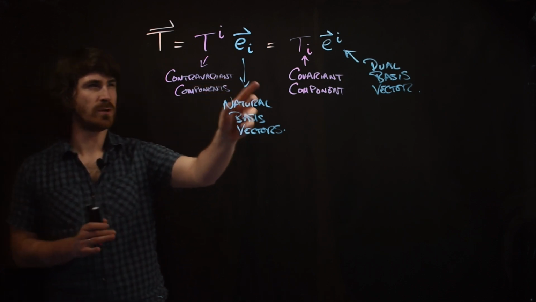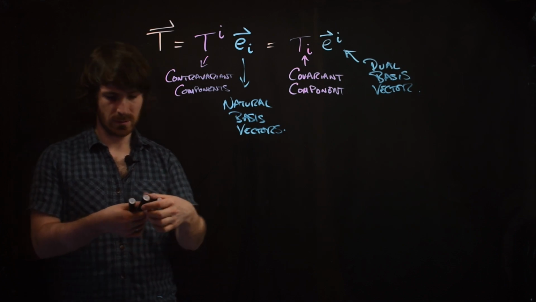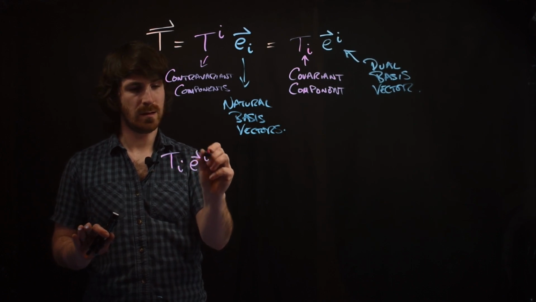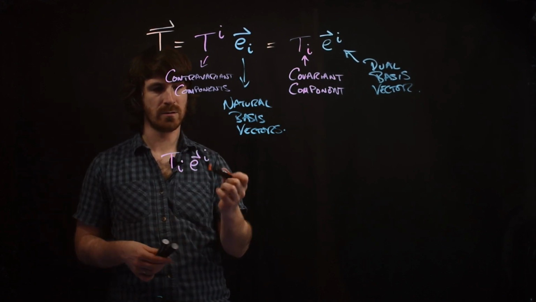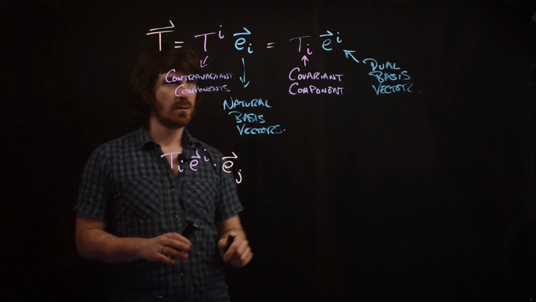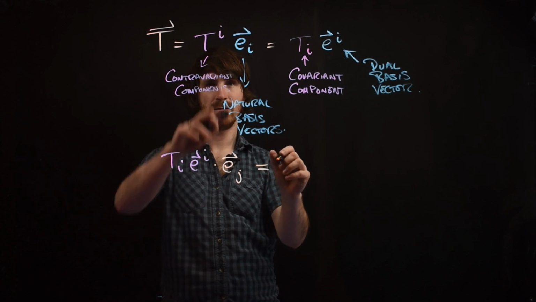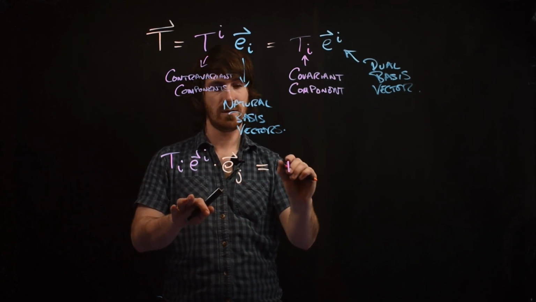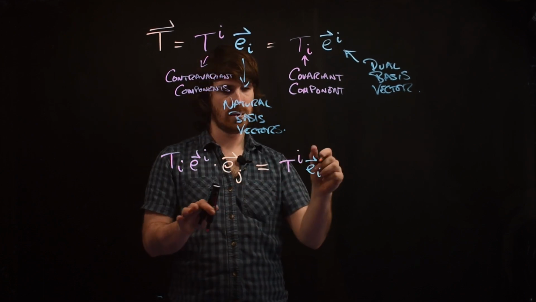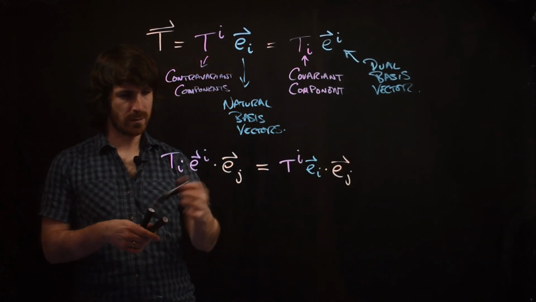So what if we want to find one component in terms of the other? Let's think about the right-hand side, t_i e^i, and take the dot product with one of the natural basis vectors, e_j. On the left-hand side, this equals t_i e^i dotted with e_j.